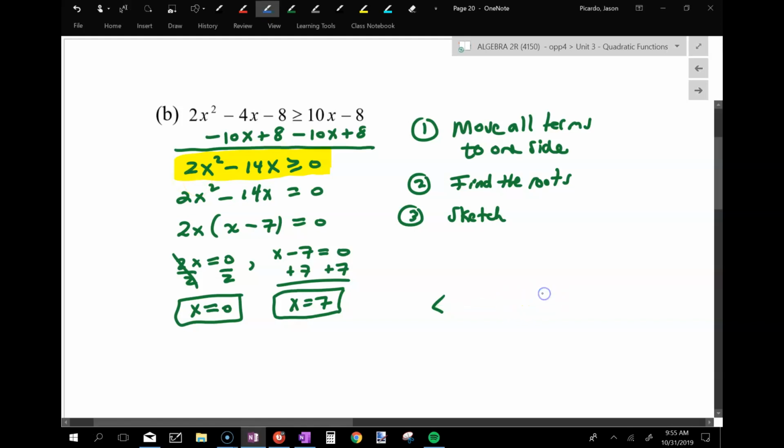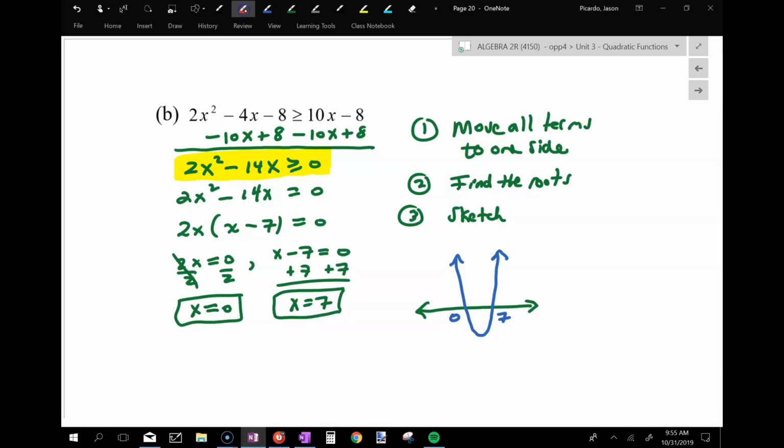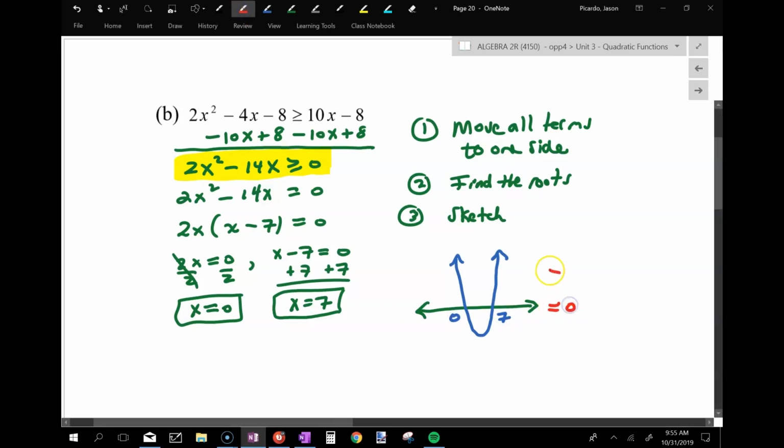Maybe I should try to draw a horizontal line. A little better. Not really. Still pretty bad. Roots of 0 and 7. Okay, again, this is where I'm equal to 0. This is where I'm greater than 0. This is where I'm less than 0.